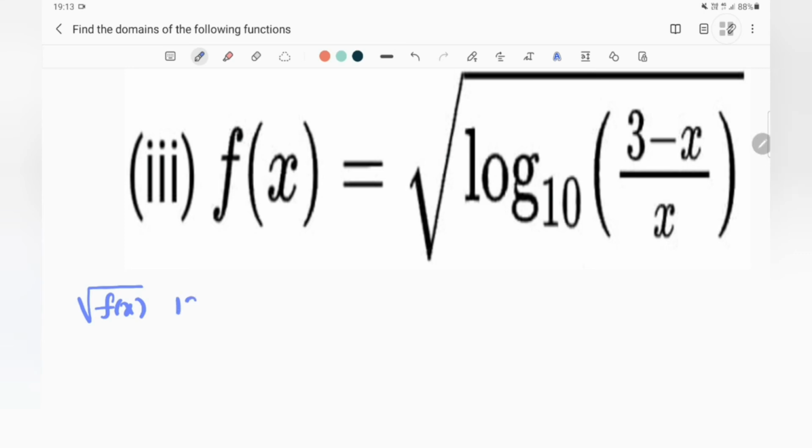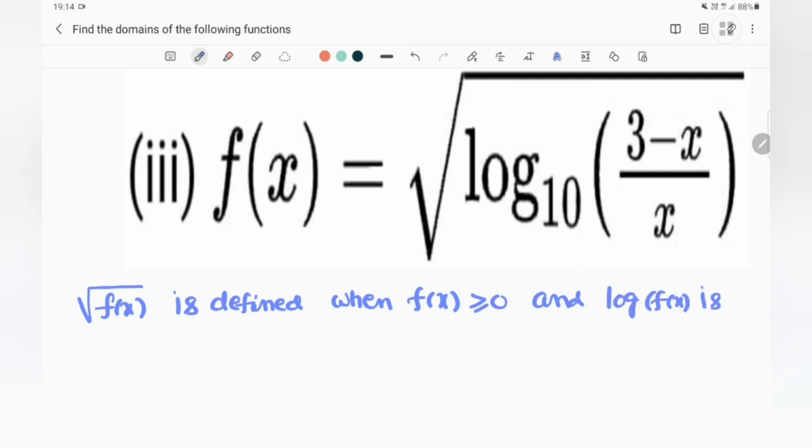Root f of x is defined when f of x is greater than or equal to 0, and not only root f of x but also log f of x is there now again. Log f of x is defined, previous question also we did, when f of x is greater than 0 itself.